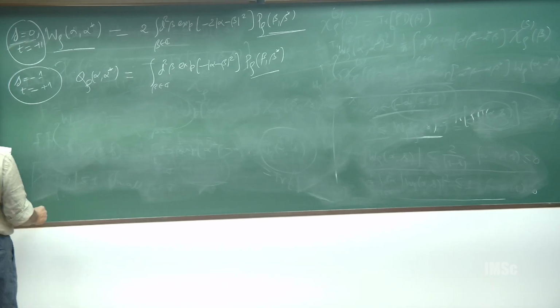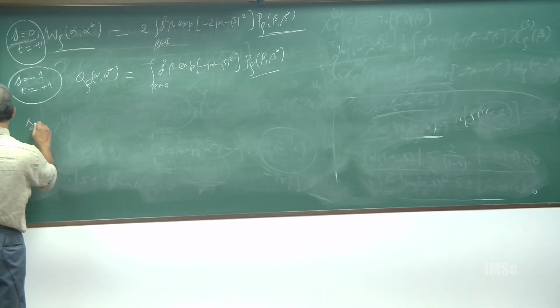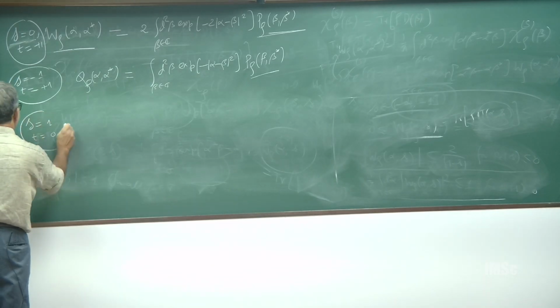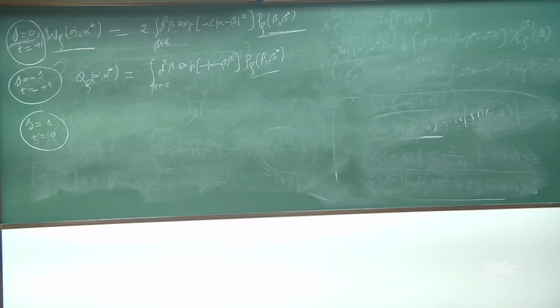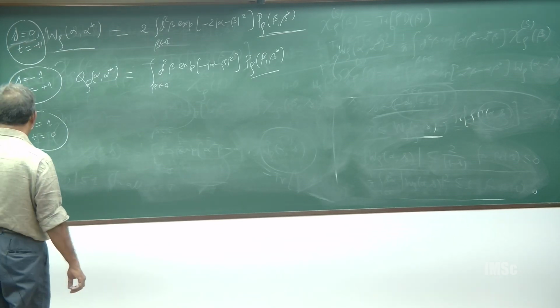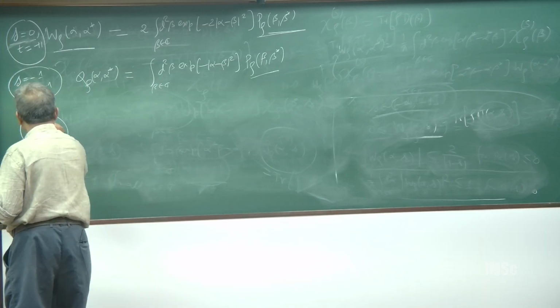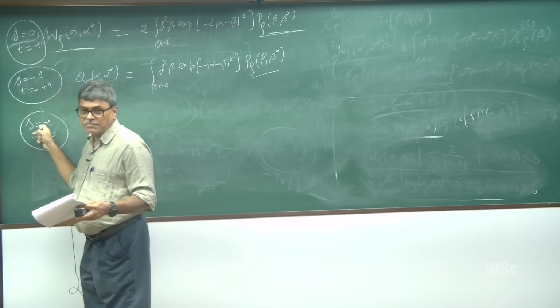And next we take s is equal to minus 1 and t is equal to 0. See, all these are satisfying this condition, the real part of t is greater than the real part of s.